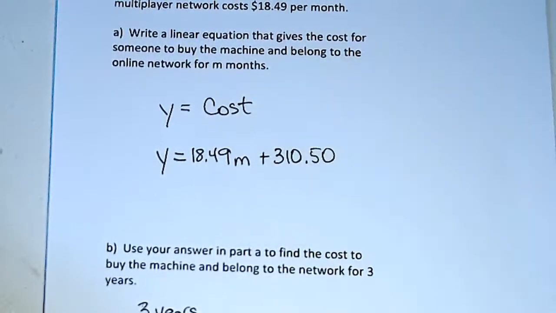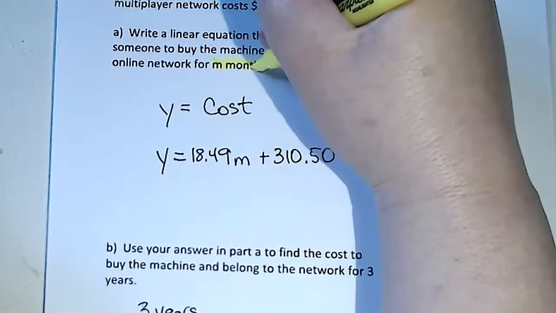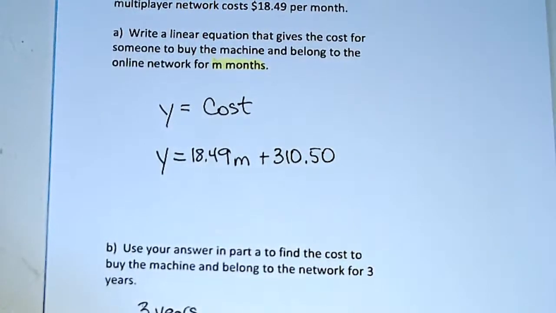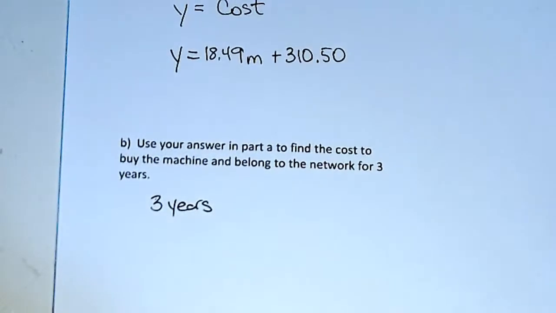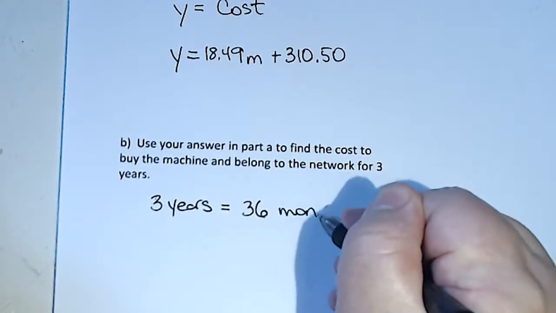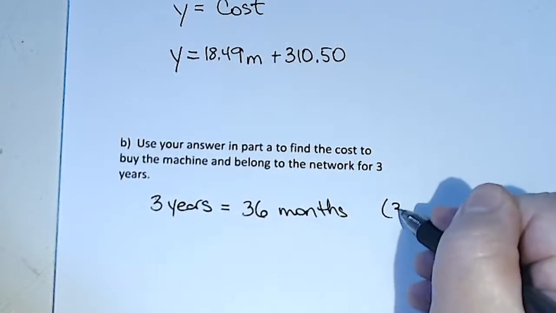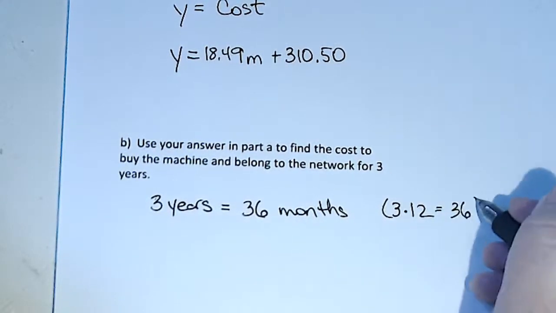Oh, sneaky, sneaky, sneaky. So when I come down here, and math tends to be sneaky this way, we need to convert from 3 years to 36 months. 3 times 12 months in a year is 36.